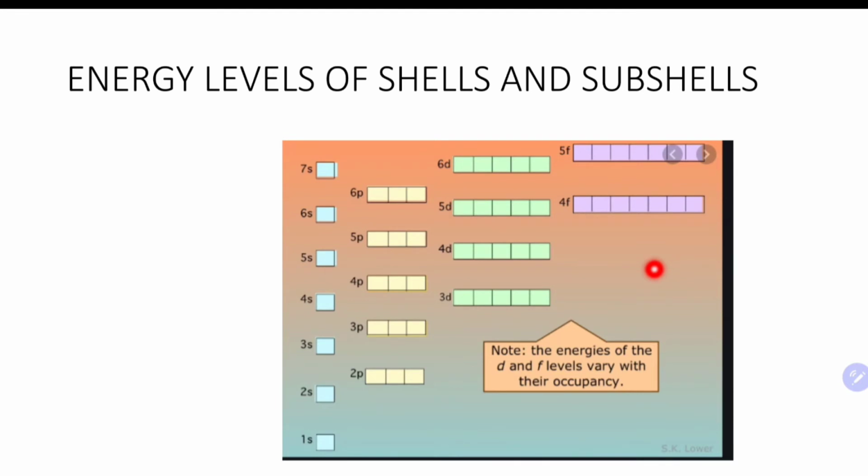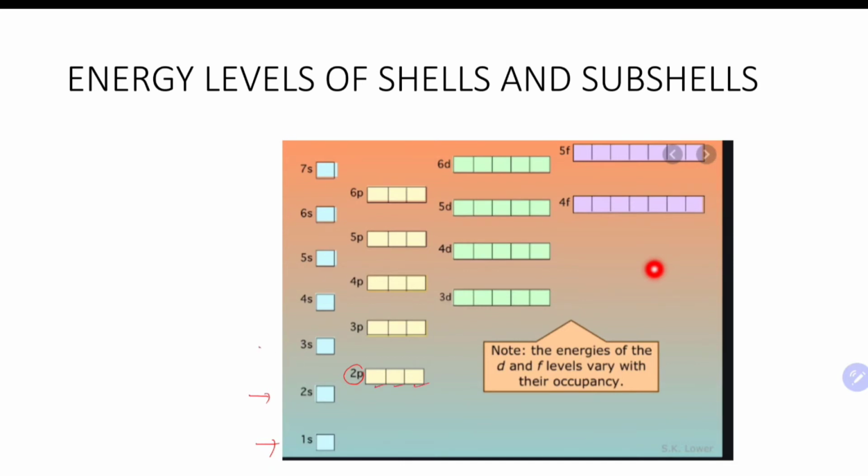So here you have the first shell with orbital 1s, or subshell 1s, and then farther away from the nucleus you have the second shell, 2s and subshell 2p, with 3 orbitals.